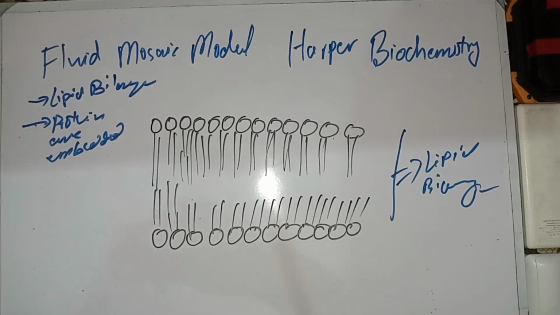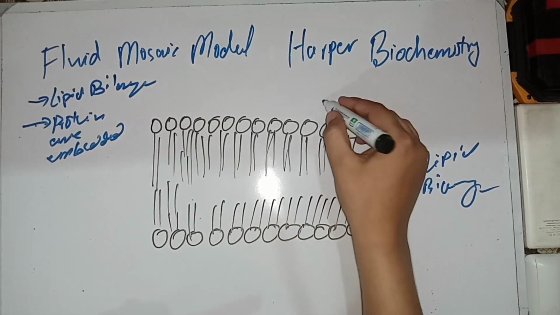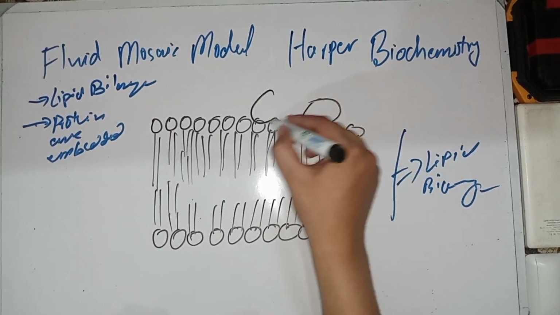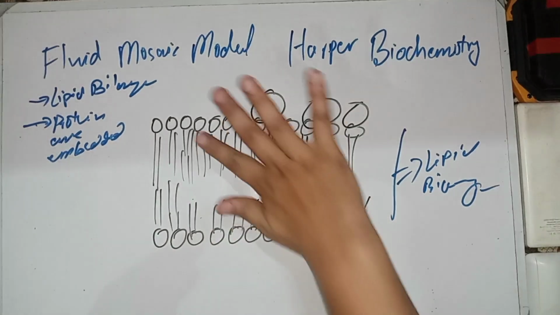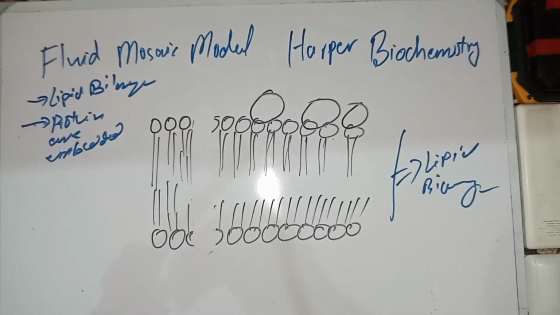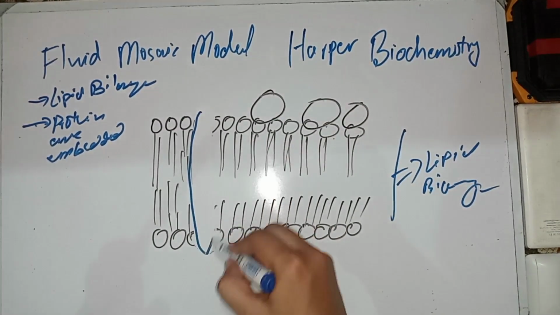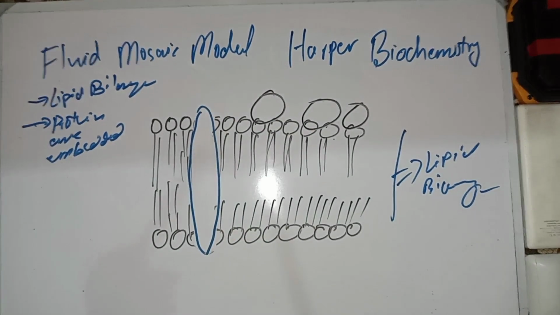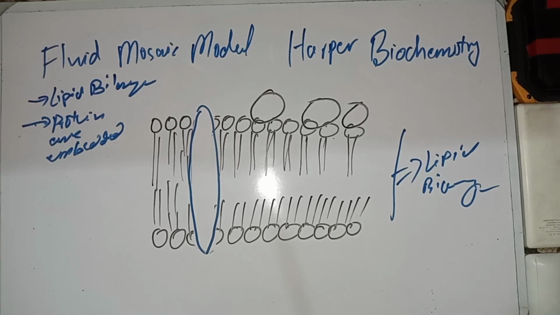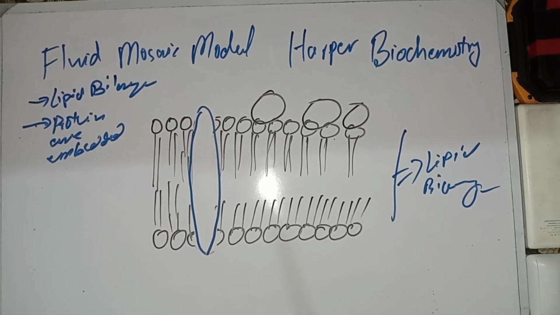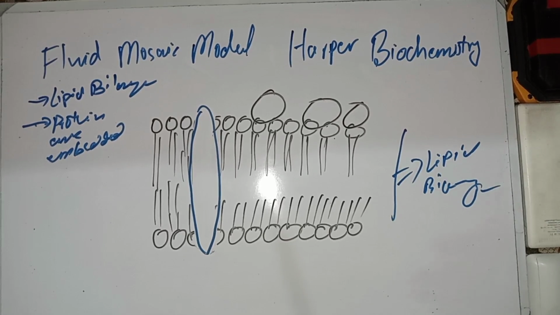For example, these proteins are embedded here, and these proteins can cross the membrane as integral proteins as well. This is the basic concept of the fluid mosaic model, which states membranes are lipid bilayers having proteins embedded in them in a mosaic pattern.